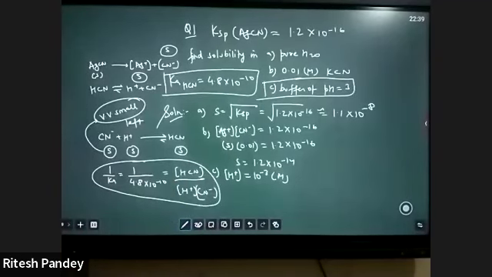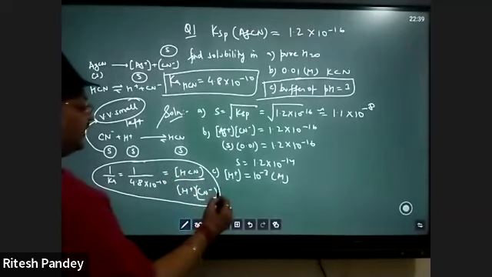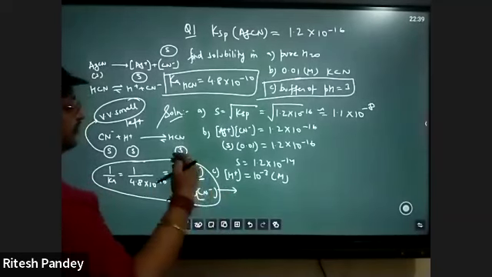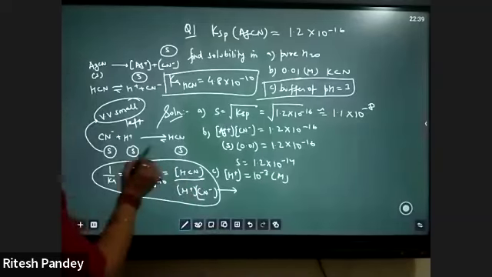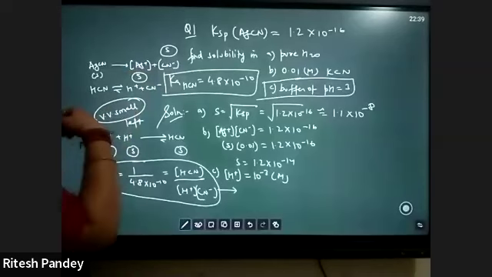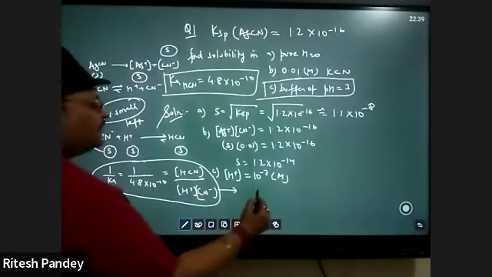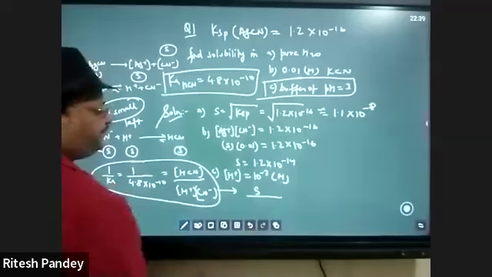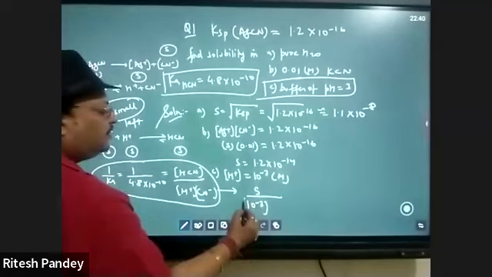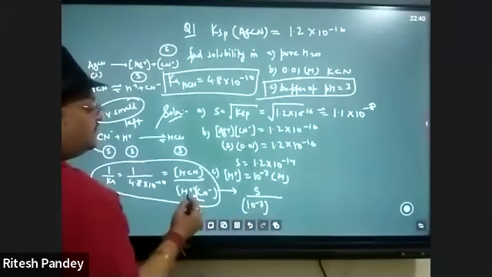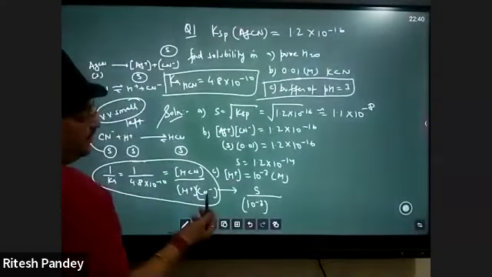Okay. What I'm doing after this is very, very basic logic. I don't want you to follow any textbook or solution book or any book in the market or on the web. It's simple: whatever cyanide is coming, all of it is becoming HCN, so for HCN take the solubility. H plus I take as 10 to the power minus 3, for a particular reason, since it is a buffer where it will be almost constant.